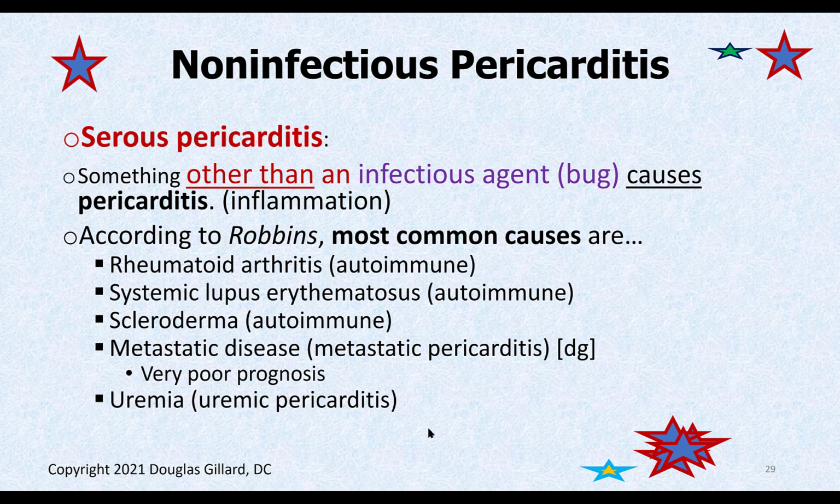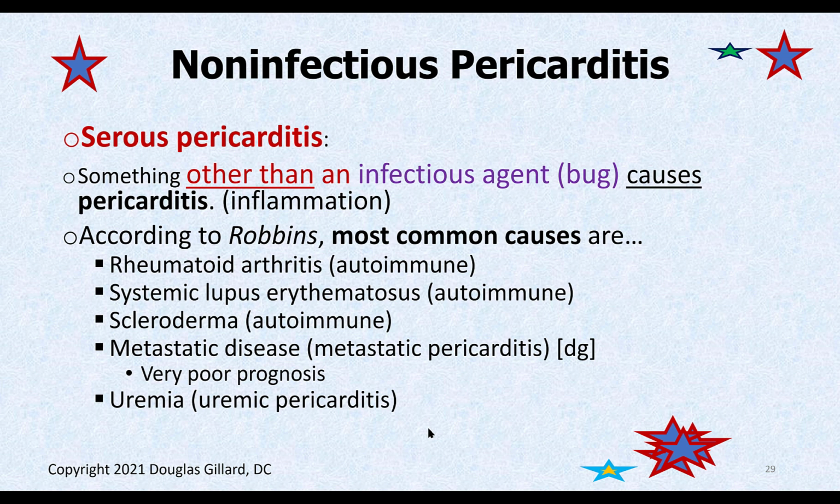Lupus, scleroderma, these are all autoimmune diseases that can attack the pericardium as well as other regions of the body. Cancer, metastatic disease, very poor prognosis, but cancer cells wandering around through the blood stream can get stuck inside the pericardium and grow there, and their growth sparks an inflammation, and their growth also can have a mass effect on the heart.